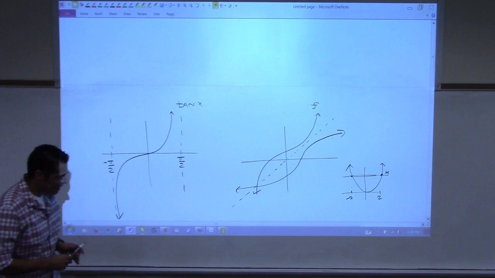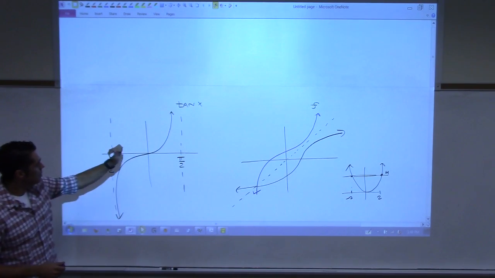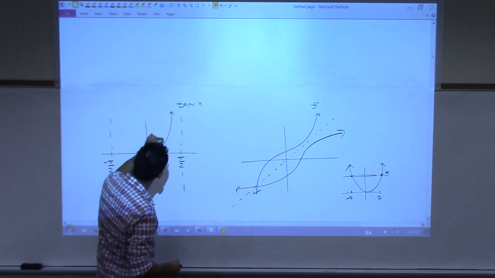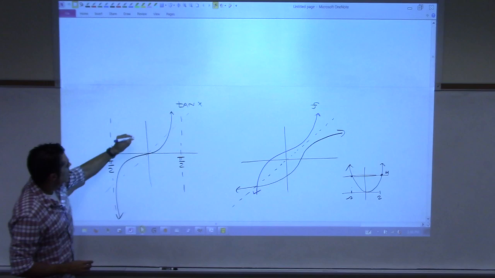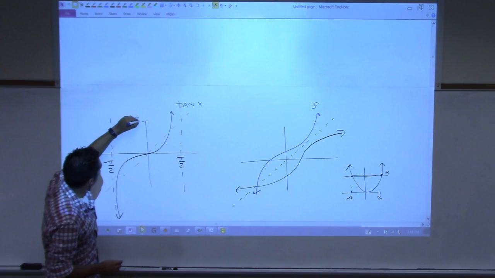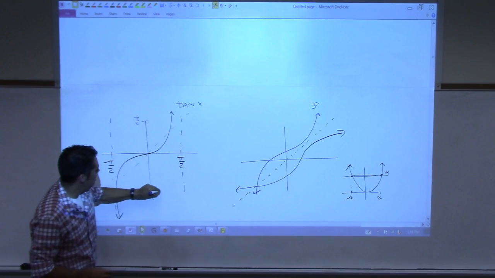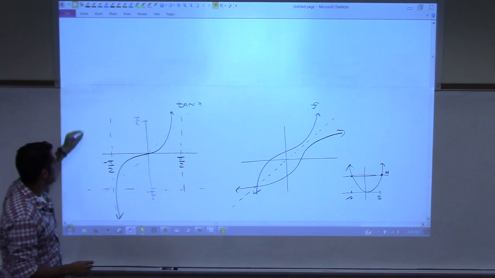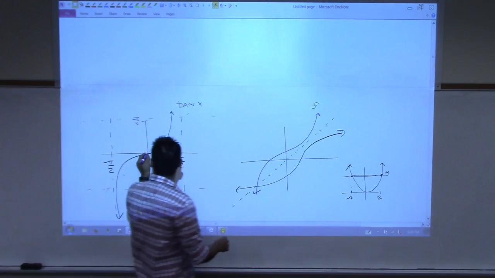So its inverse must be a reflection of this over the identity. So if I draw the identity in here, it's going to look like this. At pi over 2 up here, and at negative pi over 2 down here, I will have asymptotes. And then it'll look like this.